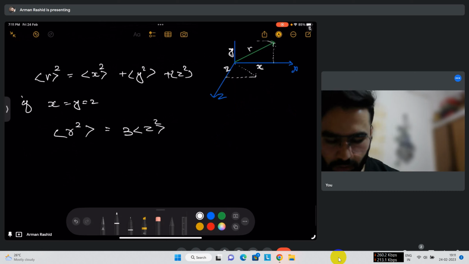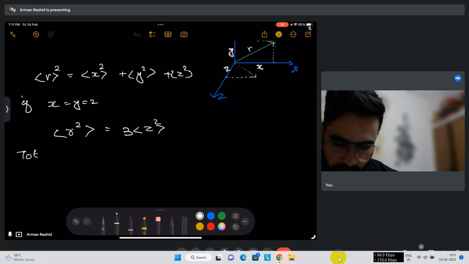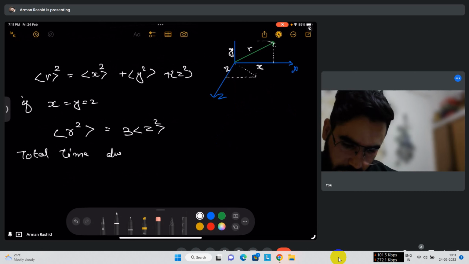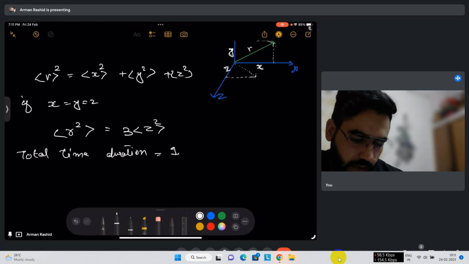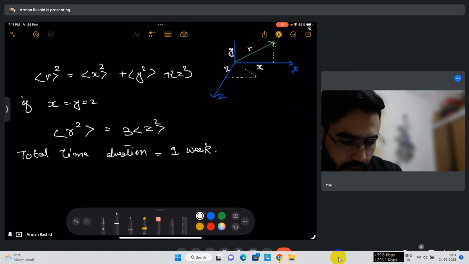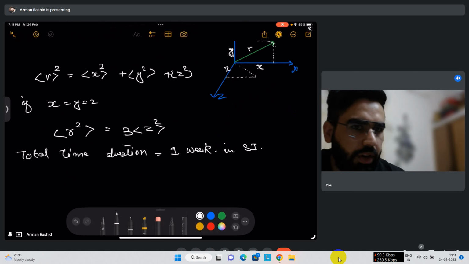Okay, now we had to determine the total time duration. That is given by 1 week. Now we had to convert it into seconds.